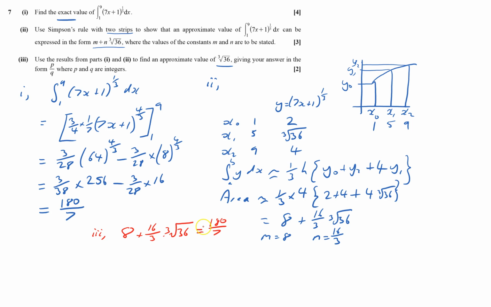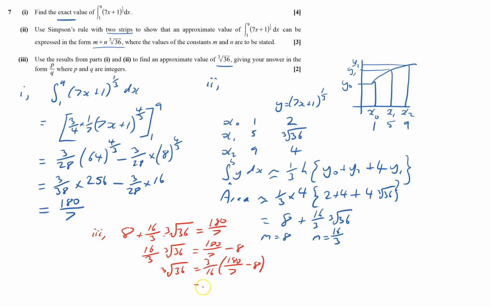So if I take away 8 from both sides, I get 16/3 of the cube root of 36 equals 180 over 7, take away 8. And then I'm going to get the cube root of 36 equals times by 3 and divide by 16, so 3/16 of that.